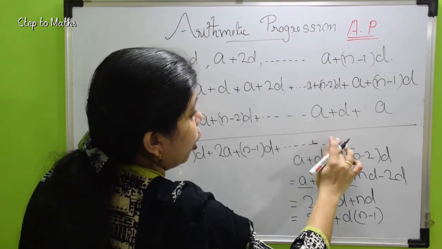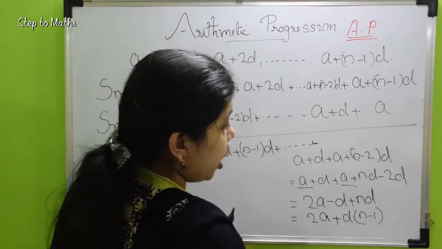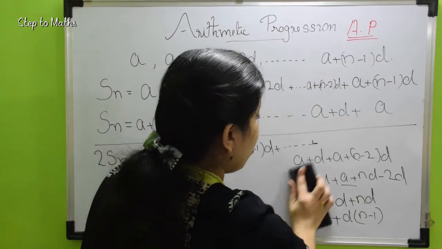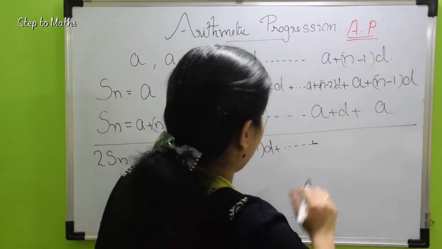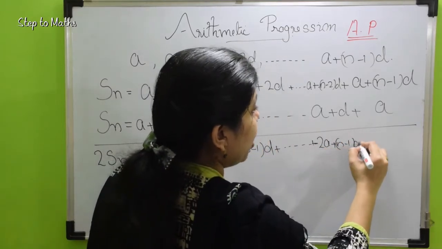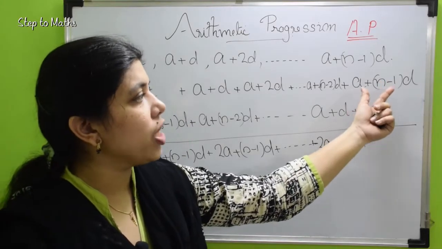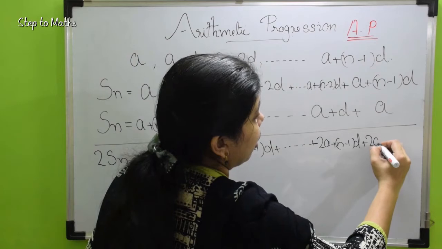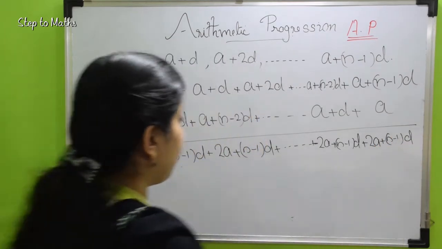Etc. If we add the second last terms, a plus n minus 2 into d plus a plus d, that is also 2a plus n minus 1 into d, and the last terms of these two expressions, a plus n minus 1 into d plus a, that is also 2a plus n minus 1 into d.